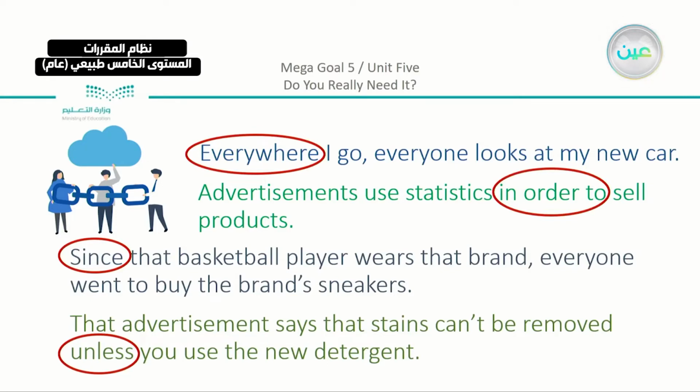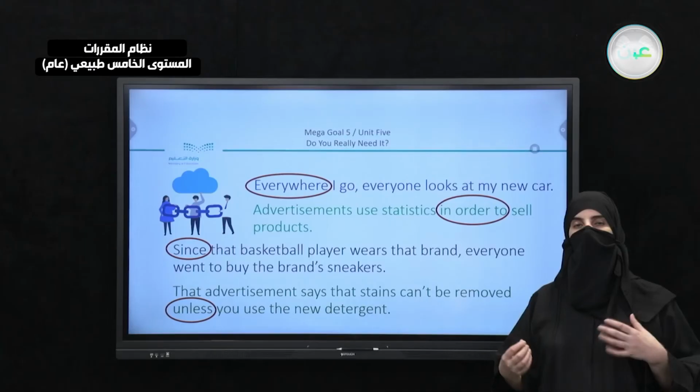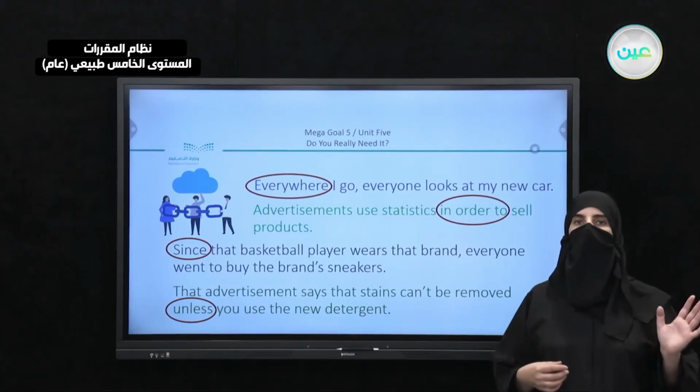Do you remember conjunctions? Paired conjunctions. These conjunctions are in the sentence to link and connect, like the first in Unit 4, but here it is a little bit different. The clause that has the conjunction is called an adverb clause.